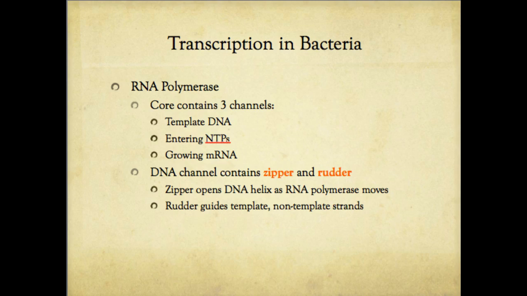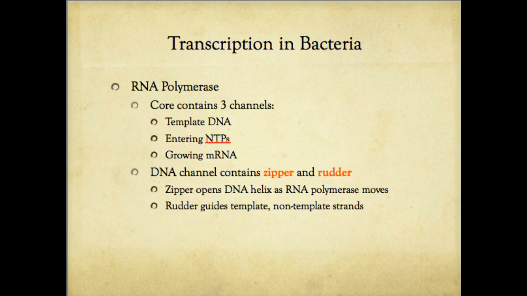Now there's another structural feature of the core of RNA polymerase that we need to remember, and that's the fact that inside the tunnel where the template DNA is being threaded, there are pieces of the wall of the tunnel that jut out into the tunnel space.